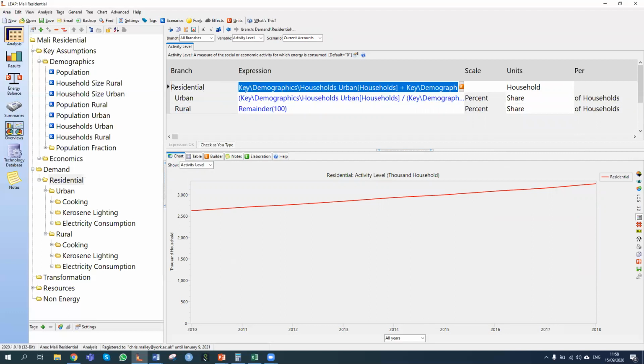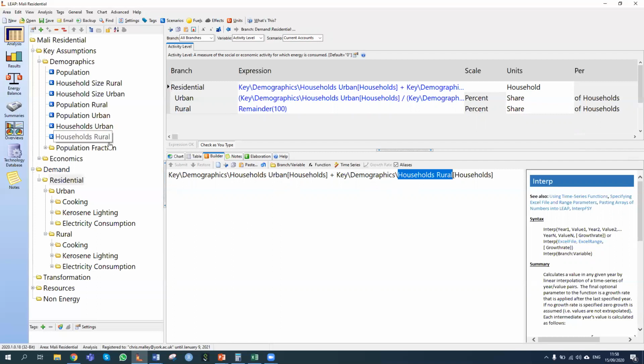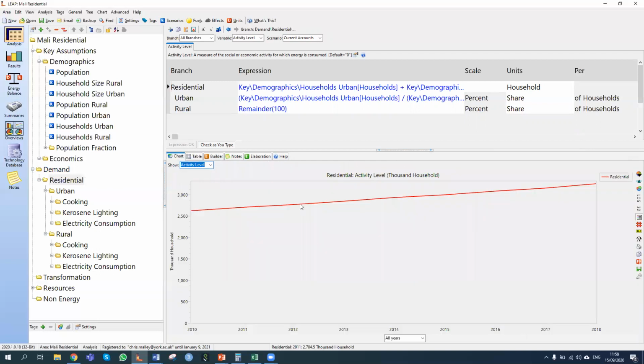In the expression box, we then have an equation that refers to our key variables to put in the total number of households in Mali. And the expression is the urban households plus the rural households. We add up the number of households in urban areas and the number of households in rural areas to give us our total number of households.